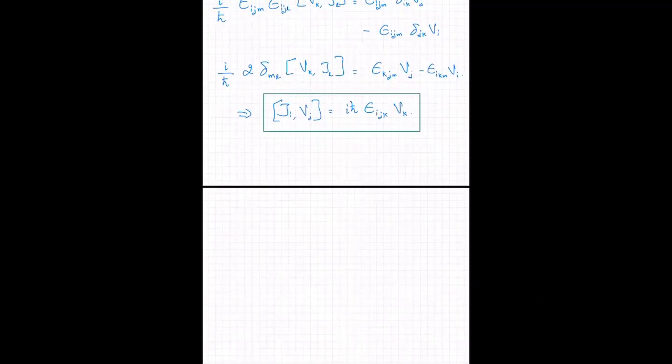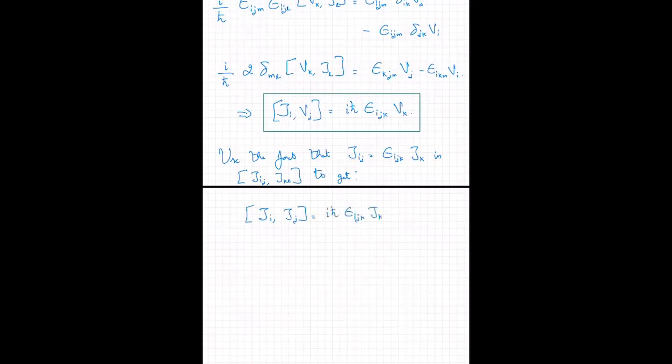So use the fact that J_ij equals epsilon_ijk J_k to get [J_i, J_j] equals i h bar epsilon_ijk J_k.